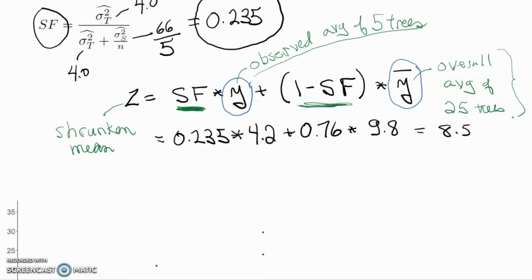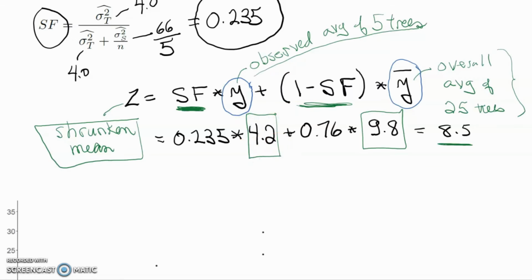So what you can see is that the shrunken mean, Z, which is equal to 8.5, is a weighted mean of 2 different means: 9.8, the overall average, and 4.2, the average of the 5 tree seedling heights that we observed. And these are our weights.